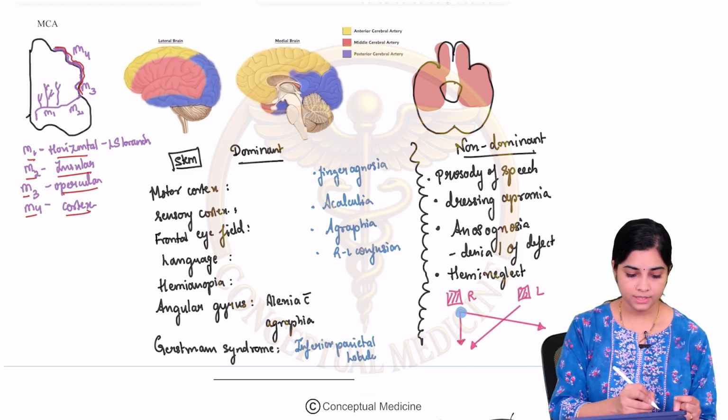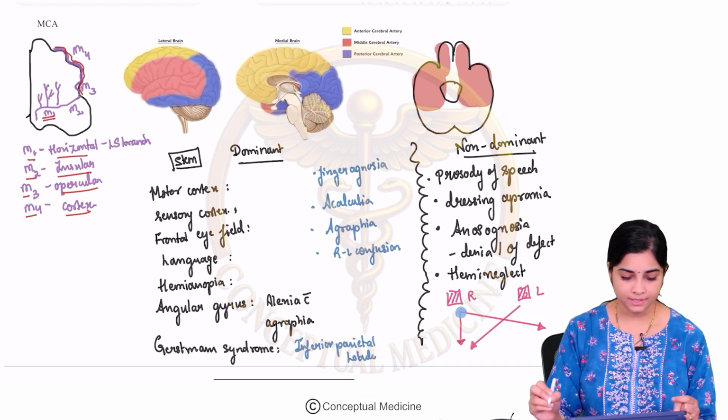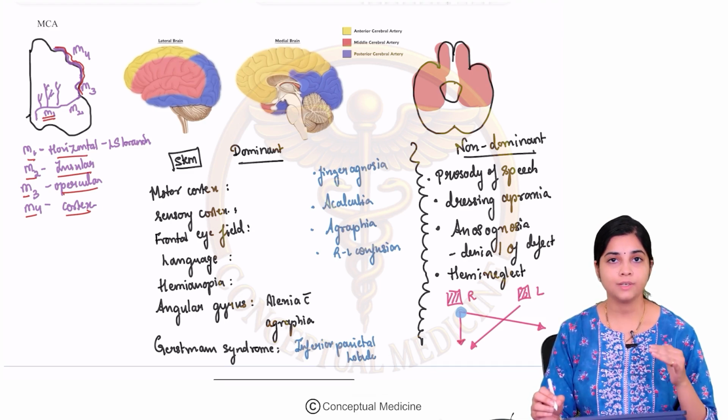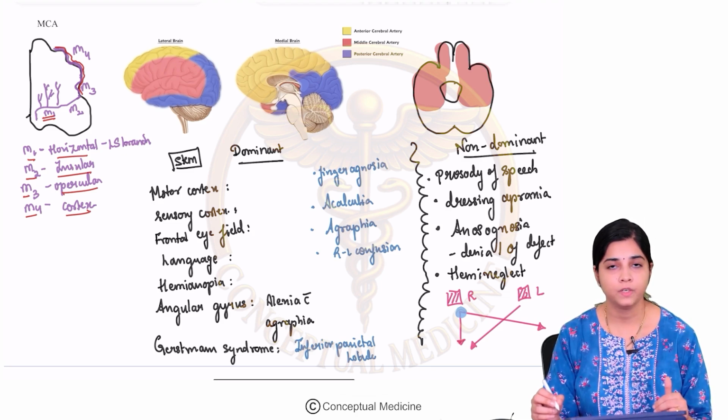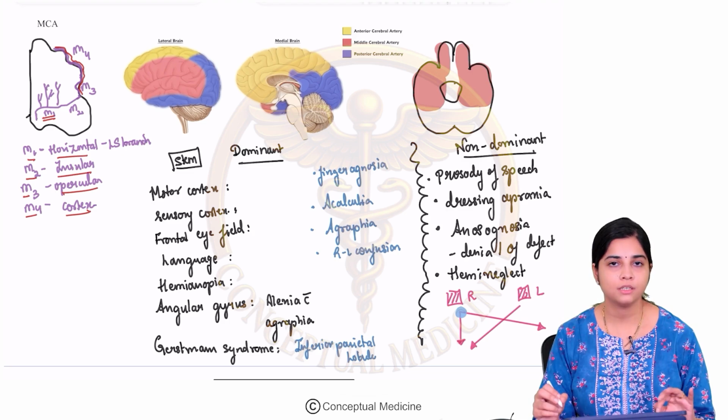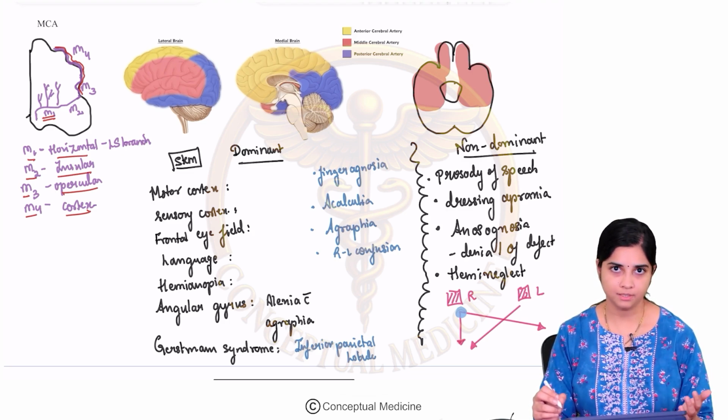This M1 segment is basically present in the sylvian fissure. Then you have the M2, M3 and M4. So the horizontal segment is your M1 segment. Depending on which branches are involved, you can have different symptoms.